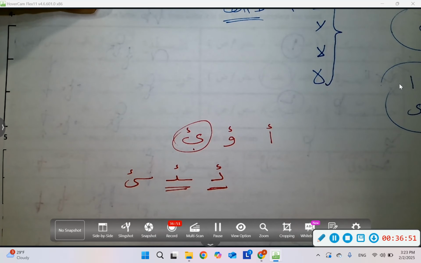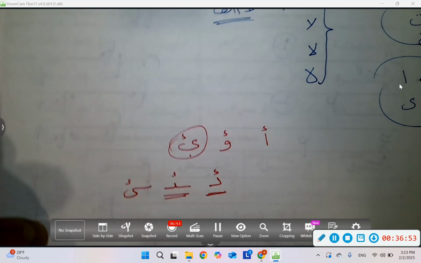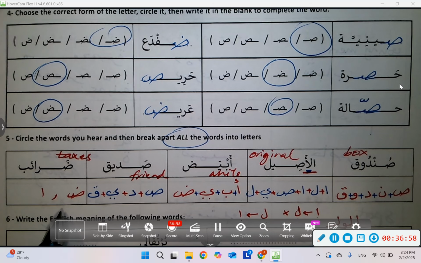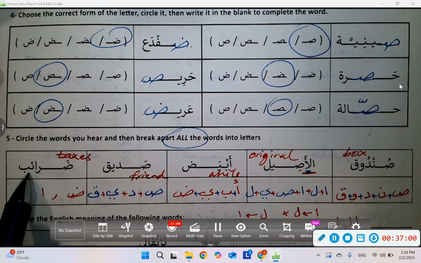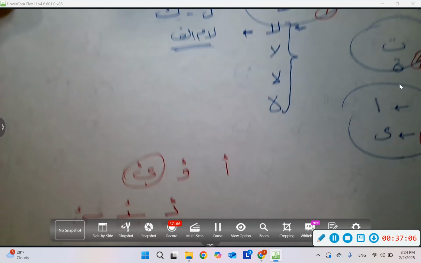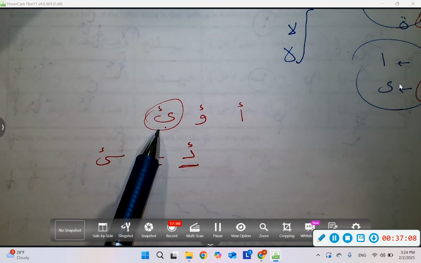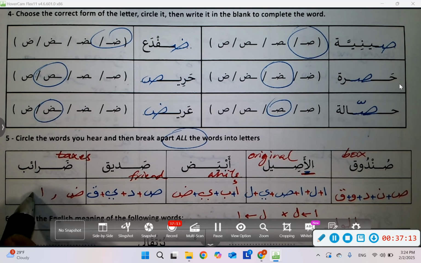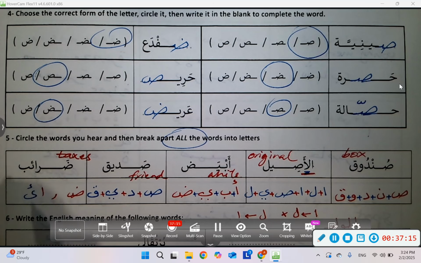For example, now if we go back to the word ضرائب, this shape is this shape. However, I'm not going to ask you to write it like this.